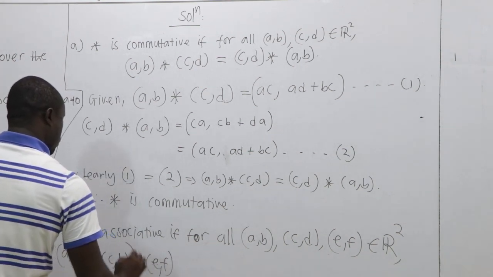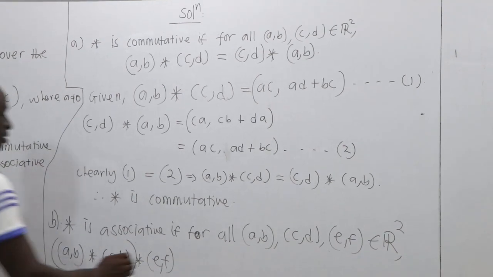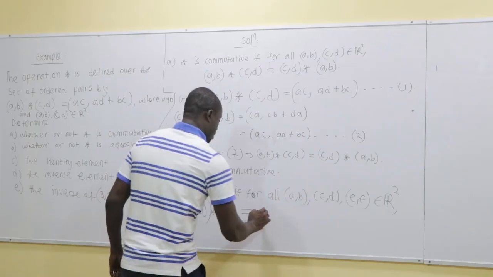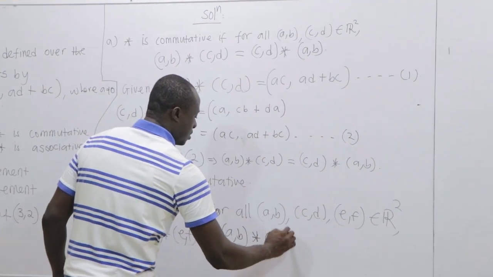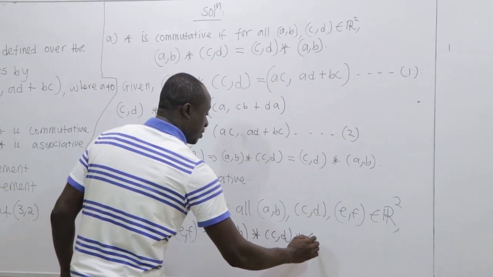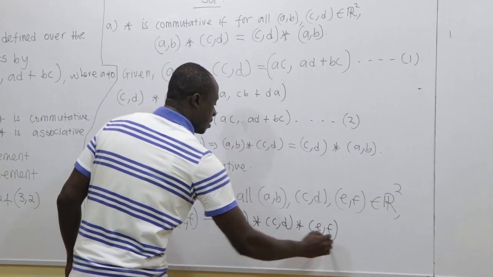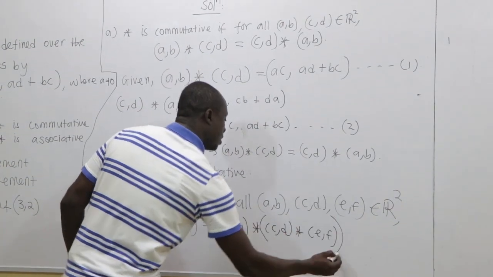So we take the first two on the left, and on the right we take the next two.